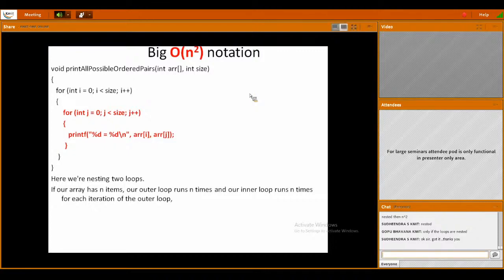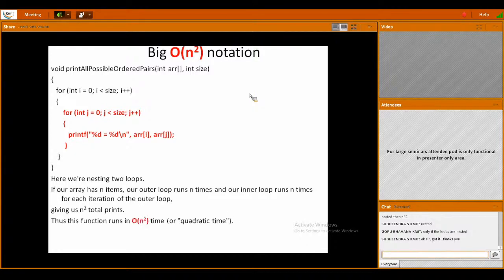For one value of the outer loop I, the inner loop j runs n times. So this makes n square total prints.